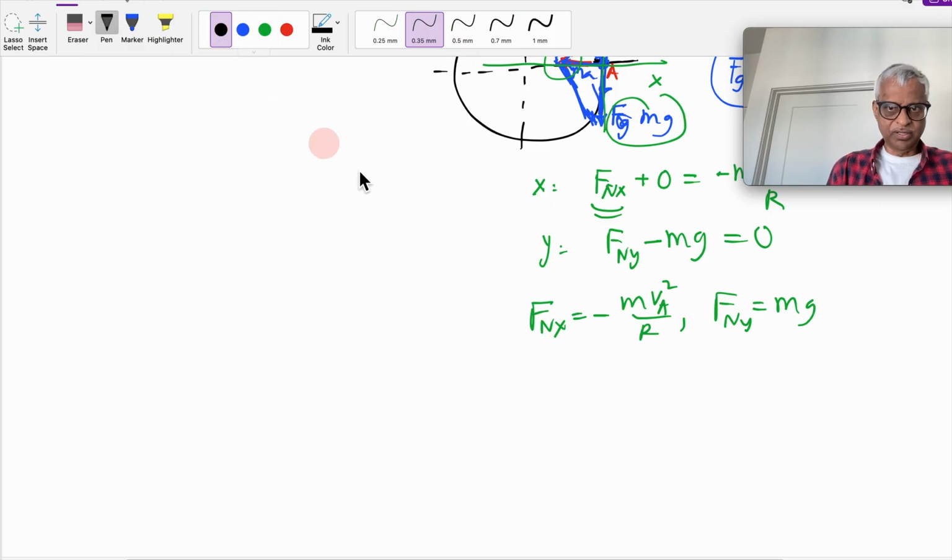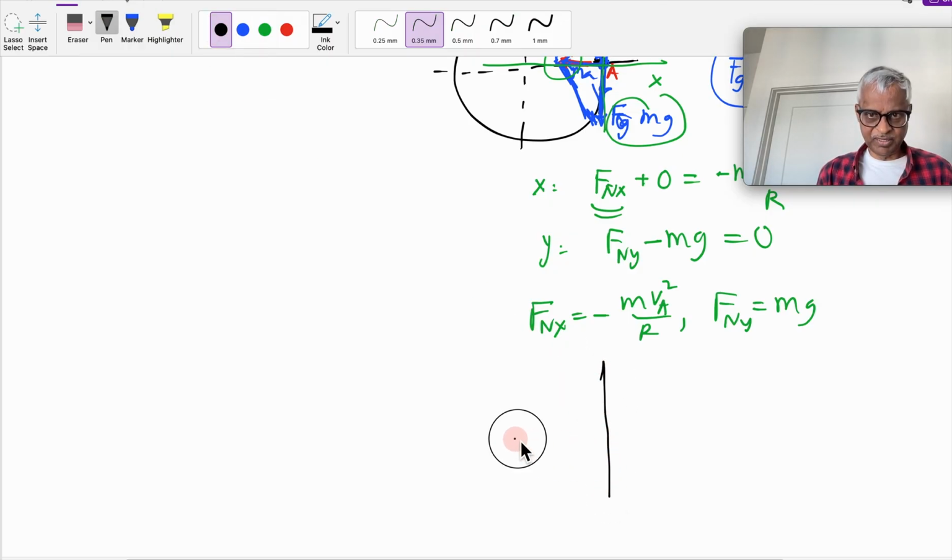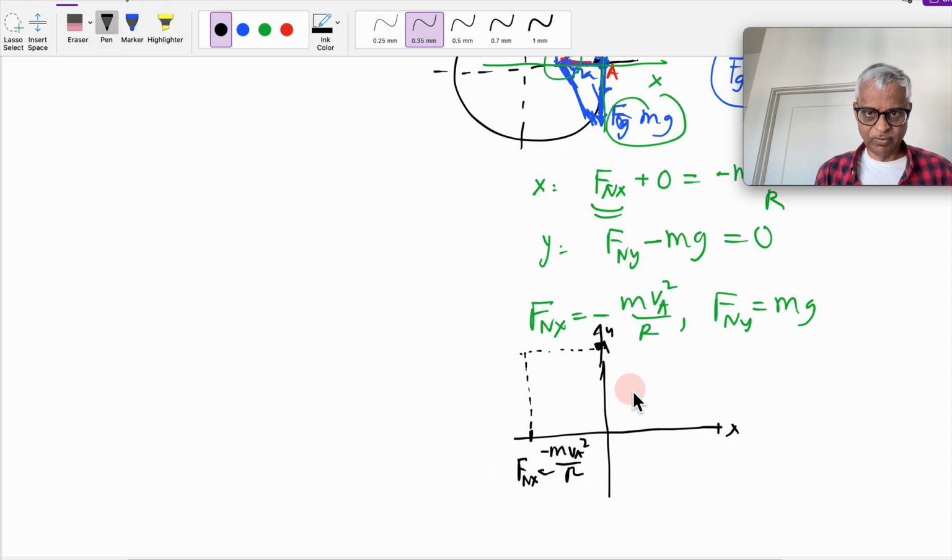So we can draw it out, and if we had a numerical value, it would be nice. So this is the x-axis, this is the y-axis, it's a negative value over here, minus m va squared over r, and maybe the mg value is that much. So this is Fnx, and this is Fny, which is mg. This is the Fn.